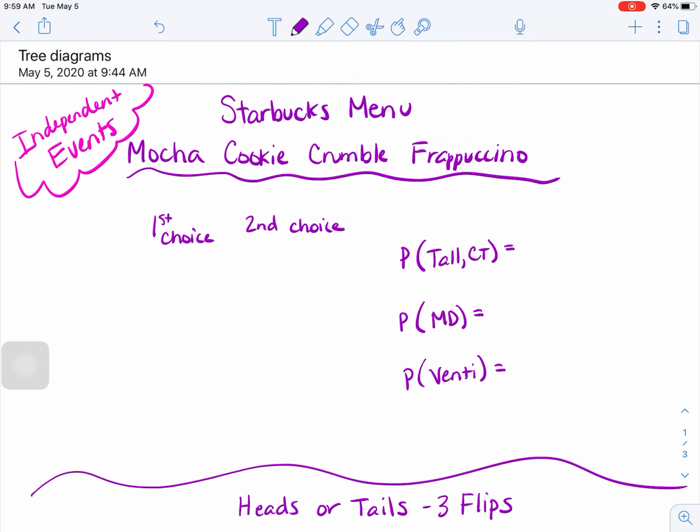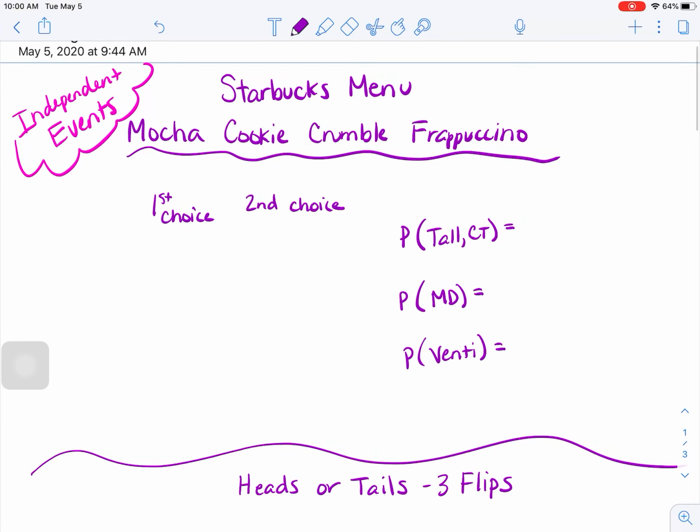So for this example, I checked out the Starbucks menu, and for some reason the mocha cookie crumble frappuccino sounded good. There are lots more choices than just two of them, but I narrowed it down to two different choices that you'd have to make when ordering one of these frappuccinos. The first choice you'd have to make is what size frappuccino you would want.